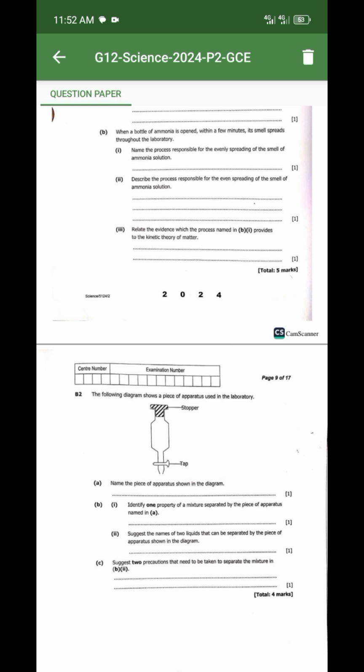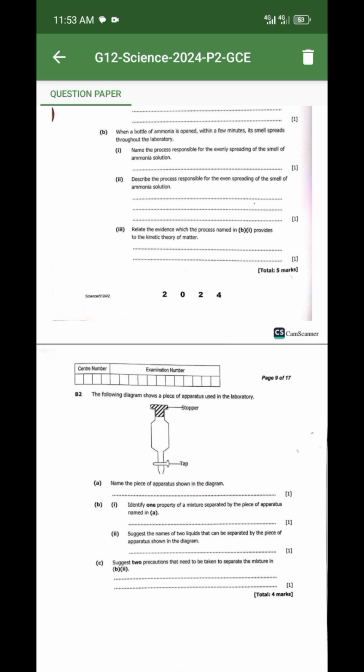So question A says name the apparatus shown in the diagram. The name of the apparatus is the separating funnel.